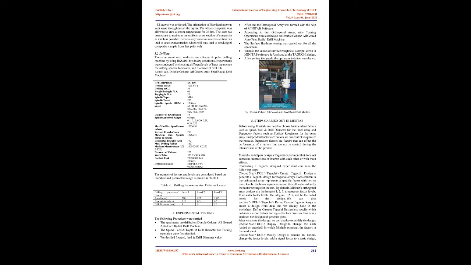A precise determination of the best possible instrument and machining conditions is in this way required, considering that the marvels answerable for material expulsion in cutting of fiber-strengthened plastic composite materials are in a general sense not quite the same as those of regular metals and their amalgams. Until this point in time, composite materials are progressively utilized in a few assembling areas, for example, the aviation and car industry, and a few research endeavors have been spent to improve their machining forms.